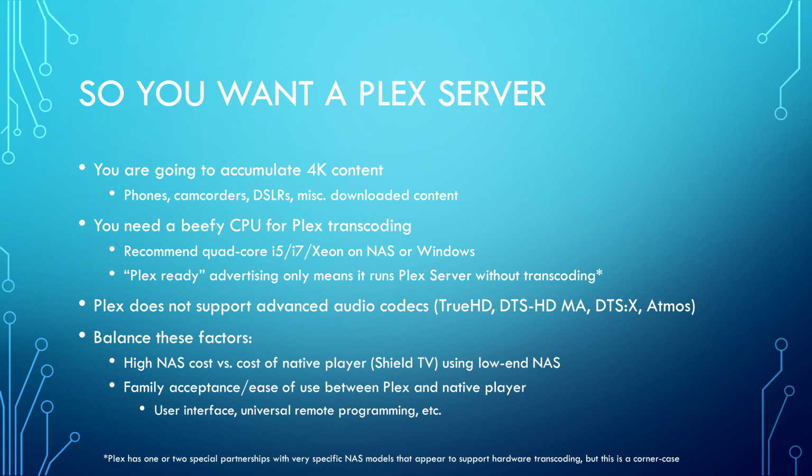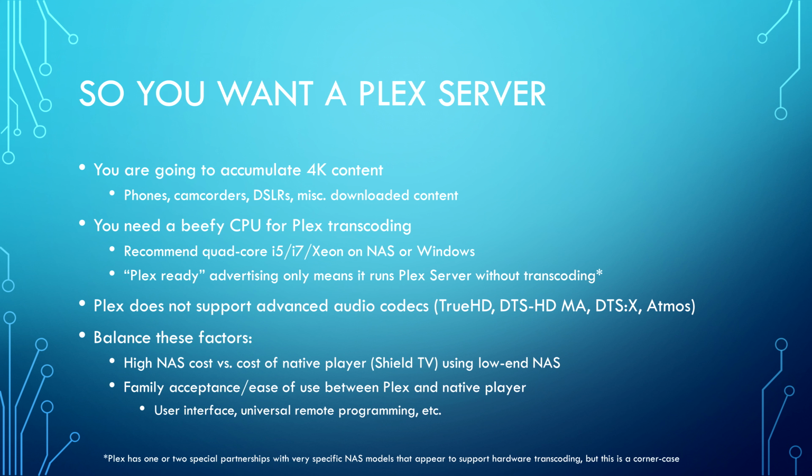That means you need to balance the cost of the server versus setting up a solution where you can play the content on a native player like the NVIDIA Shield TV. Let's say you need to buy Shield TVs for a couple of TVs in your house. That's $200 a pop.